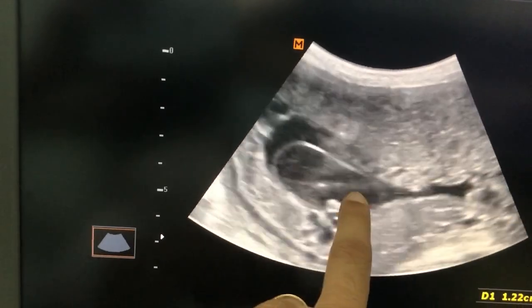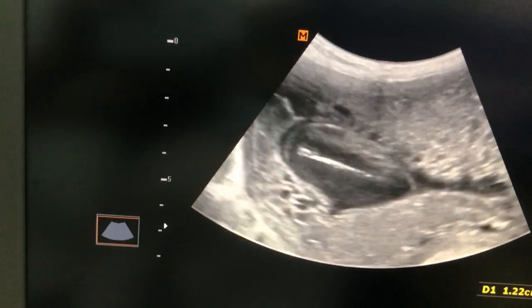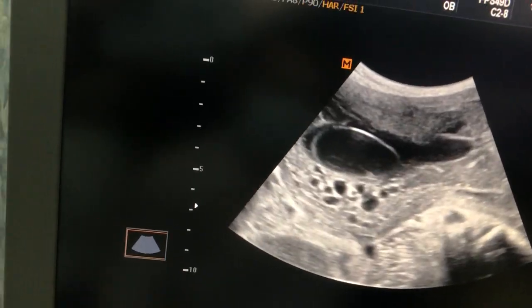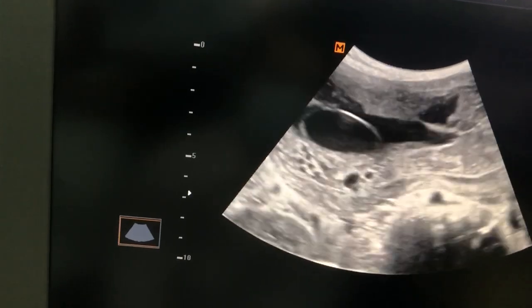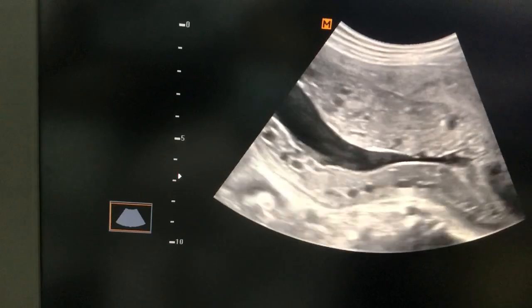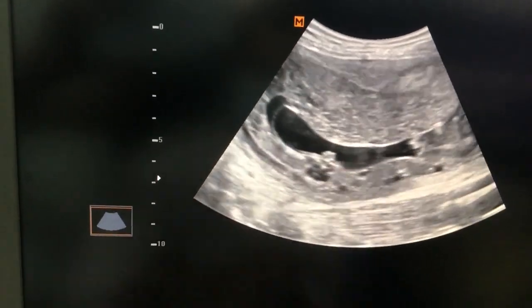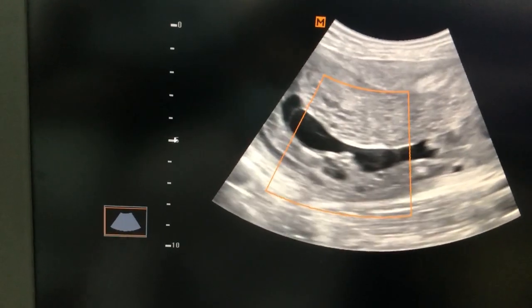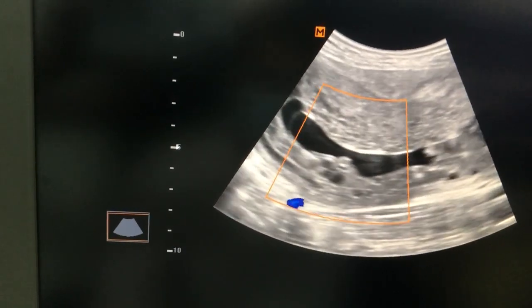This is the amniotic cavity and yolk sac is outside. And this is the fetal pole. There is no any cardiac activity inside the fetal pole.